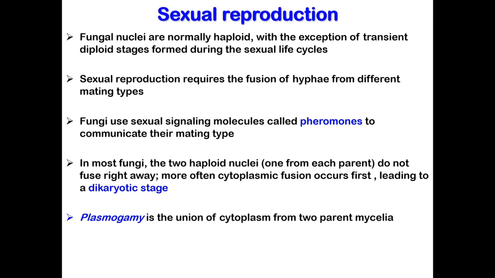In most fungi, the two haploid nuclei, one from each parent, do not fuse straight away. More often than not, the cytoplasmic fusion occurs first, and this leads to a dikaryotic stage where you have two haploid nuclei coexisting in a single cell. The process of cytoplasmic fusion is called plasmogamy. This literally means marriage of cytoplasm.